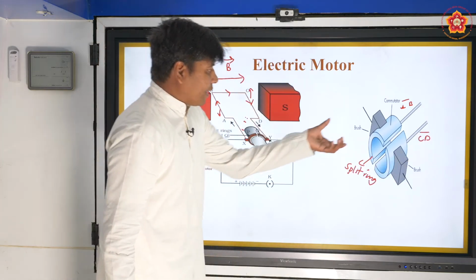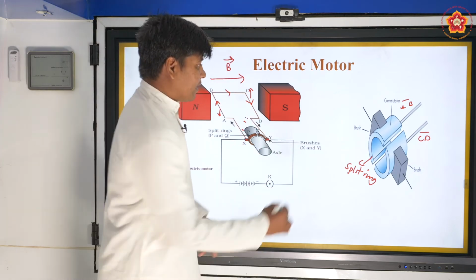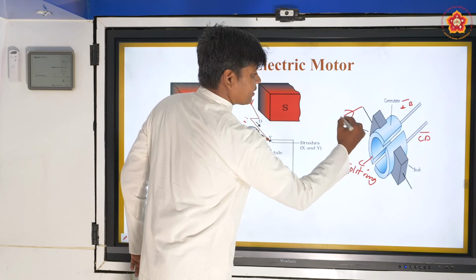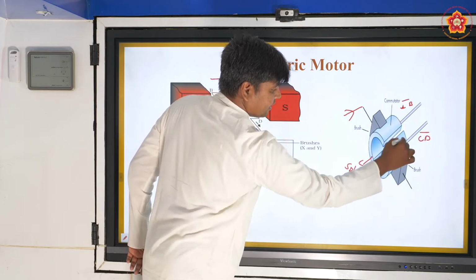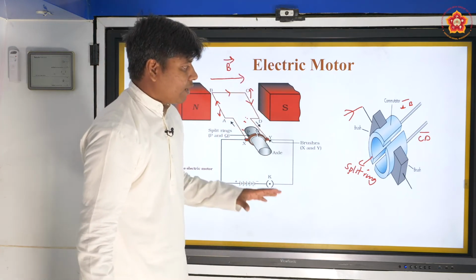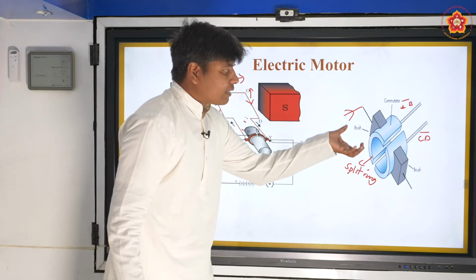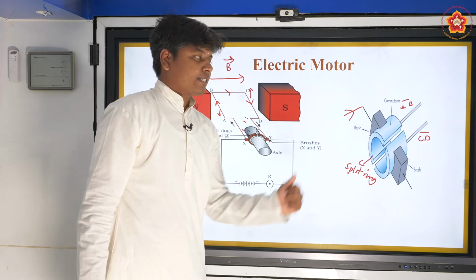In the start, the current comes from this positive brush and goes through AB, comes through CD and completes the circuit, right? Now because of this, AB experiences a force downward, CD experiences a force outward, it rotates.